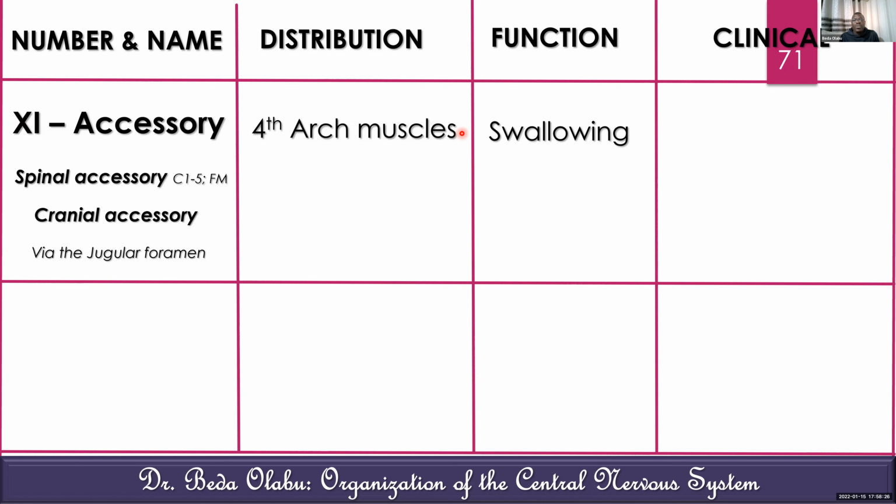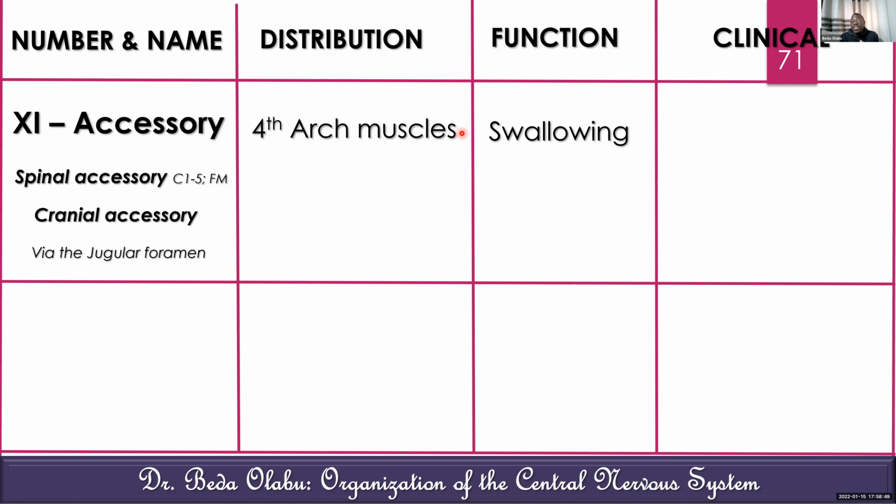So you have what you call palatopharyngeus, salpingopharyngeus, and stylopharyngeus. Out of those three, the stylopharyngeus is the one that is not supplied by this, because stylopharyngeus is a nerve of the third pharyngeal arch, so glossopharyngeal. But the other two, salpingopharyngeus and palatopharyngeus, are supplied by this nerve.